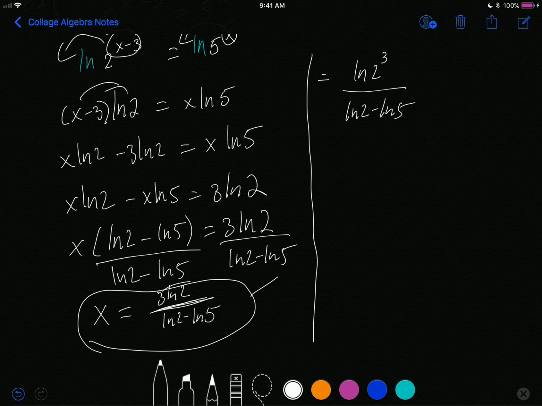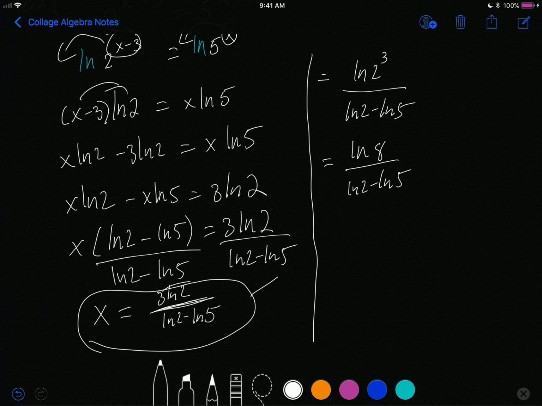These two are equivalent to each other. They are the same answer, just written in a different way. Well, what's 2 to the 3rd power? 2 times 2 times 2 is 8. So I can rewrite this as ln 8 over ln 2 minus ln 5. Again, it's the same answer, just written in a different way.